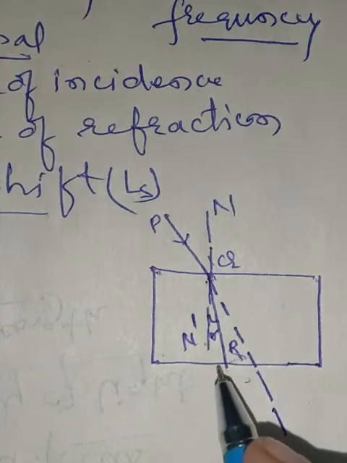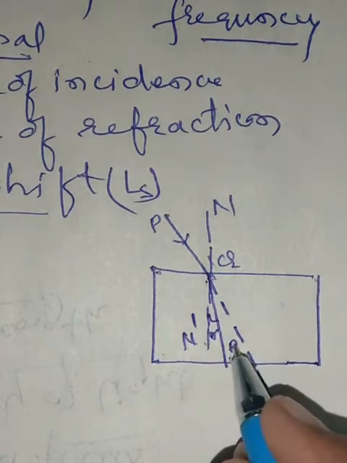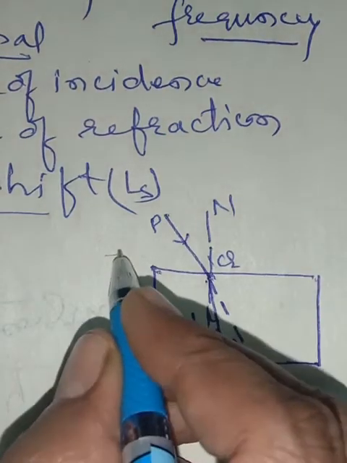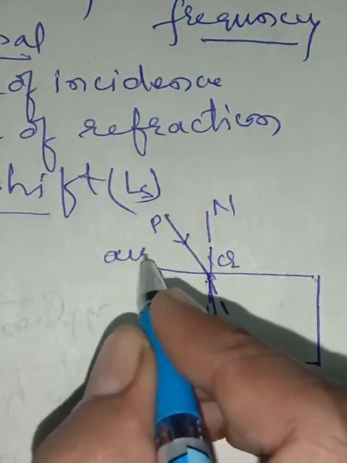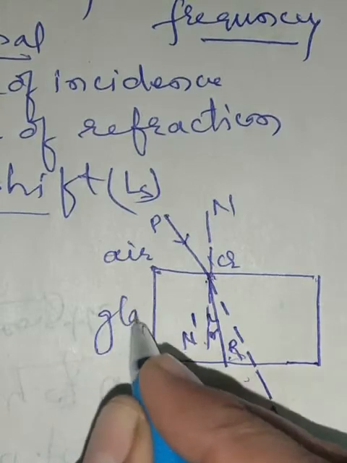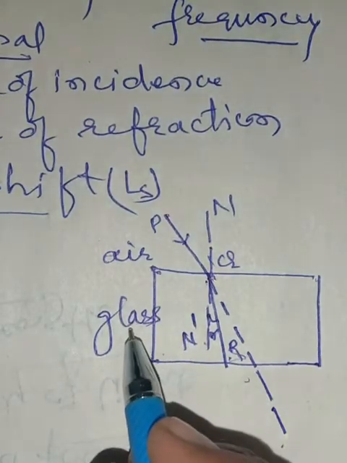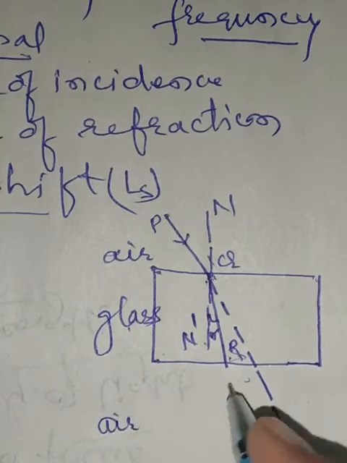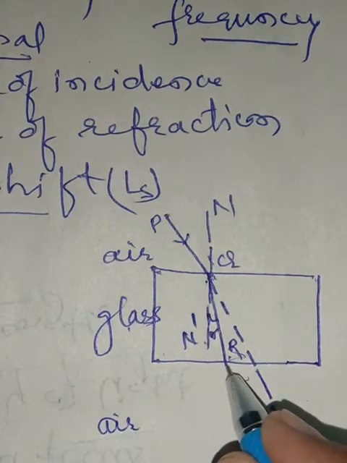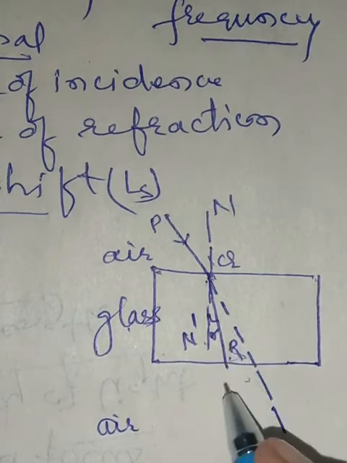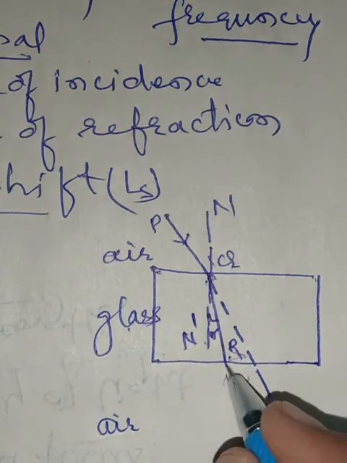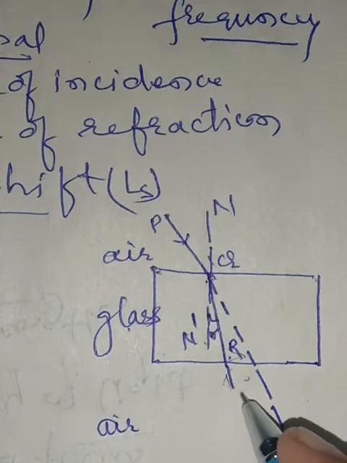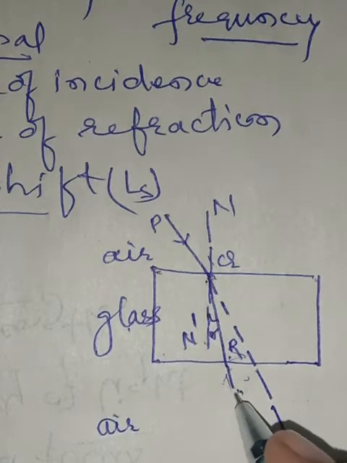At this particular point R, again the ray of light will change. Why will it change? Because it is moving from the glass medium, and this is the air medium, this is the glass medium. When the ray of light moves from the glass medium again to the air medium, instead of passing in this direction, it will move away from the normal.